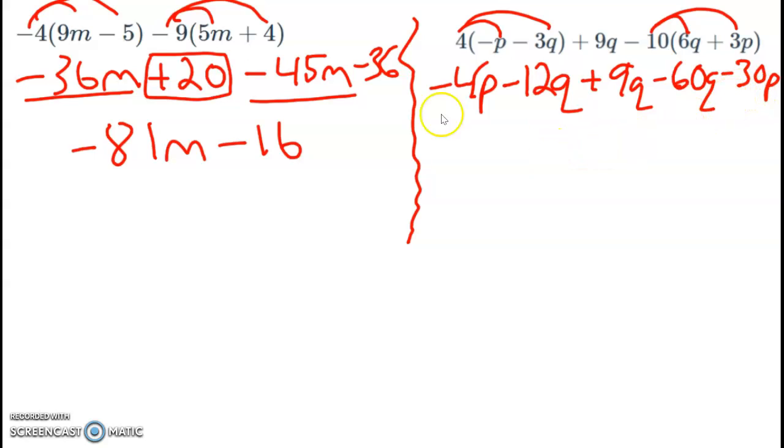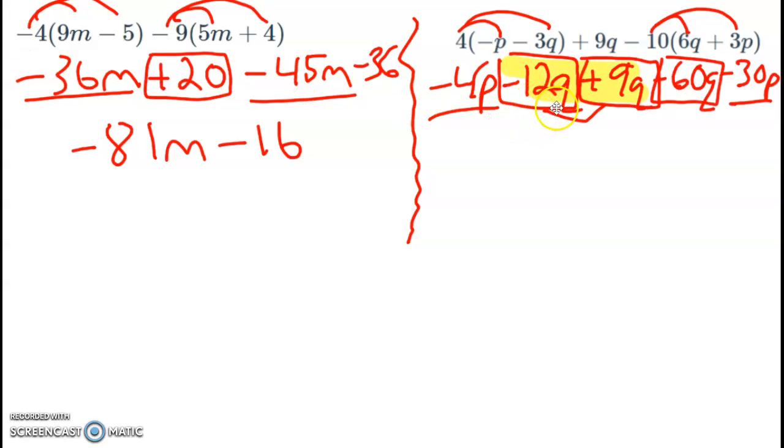Alright, now I'm going to collect my like terms. I've got a negative 4p and a negative 30p, and I have three terms that are alike in the middle here. So I'm going to add them two at a time. I'm going to add the negative 12q and the positive 9q together first. I'm also going to add the negative 4p and the negative 30p.